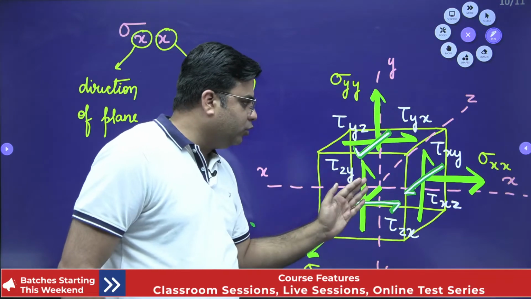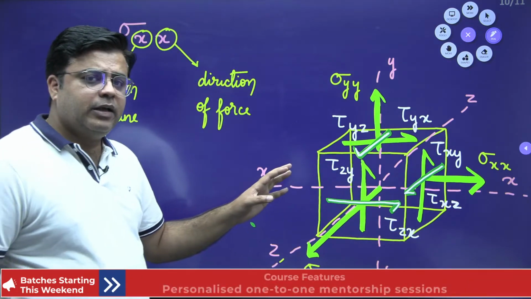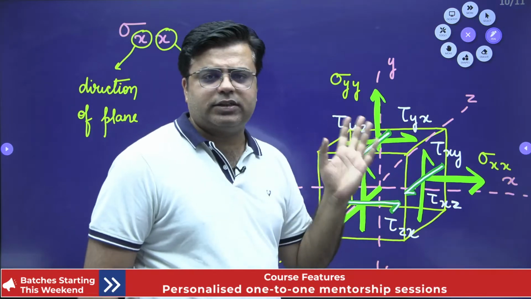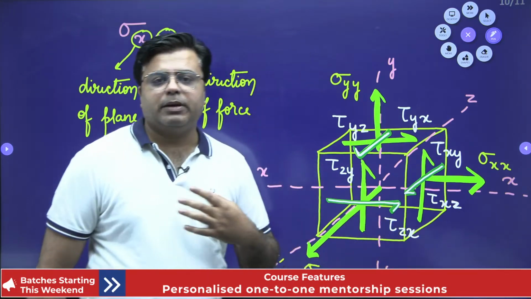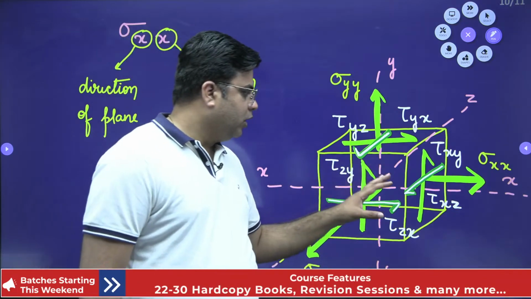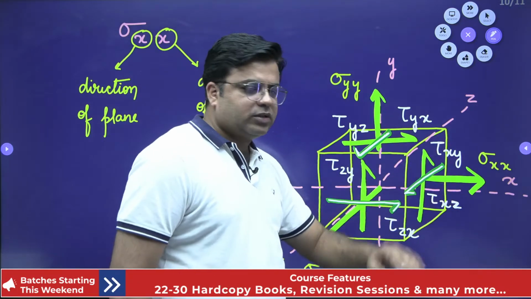Here I have shown you the most complicated case where all the varieties of stresses, it can be direct stress or it can be shear stress, are present, right? So this is how you name all these stress values.